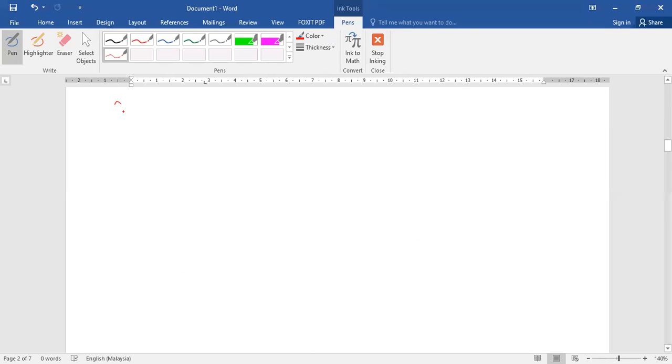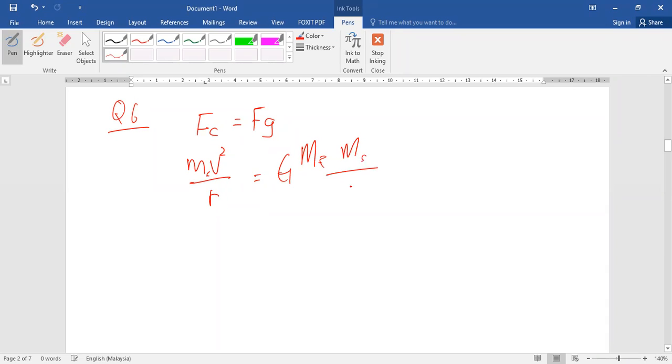For question number 6, by using Fc equal to Fg, centripetal force equal to gravitational force, mv squared over r will be equal to G M_E m, where m is the mass of the satellite, over r squared. So from here, the m's can cancel each other, and one r can also be cancelled.